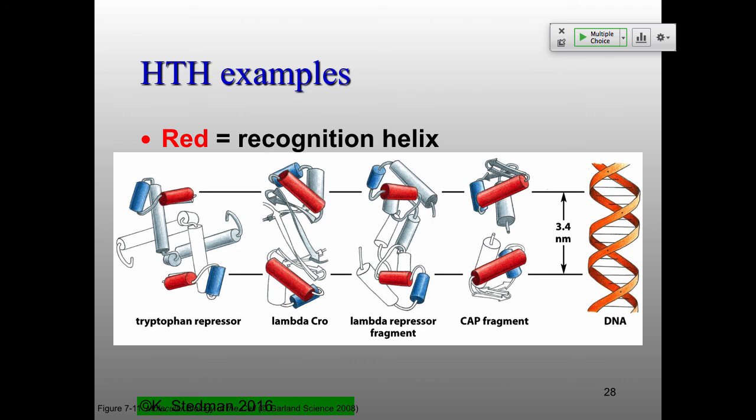So why have these two alpha helices in adjacent major grooves relative to each other? One reason is if you just look at the DNA here, you'll notice there are only about 5 or 6 base pairs that this alpha helix can interact with. 5 or 6 base pairs in even a genome which is as small as E. coli is not going to be completely specific.